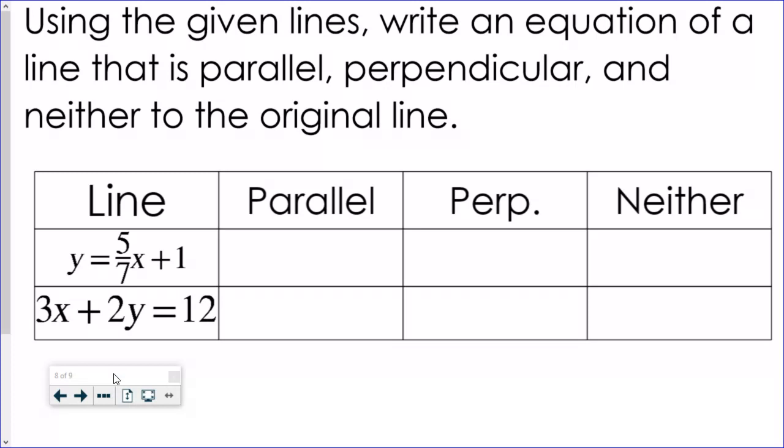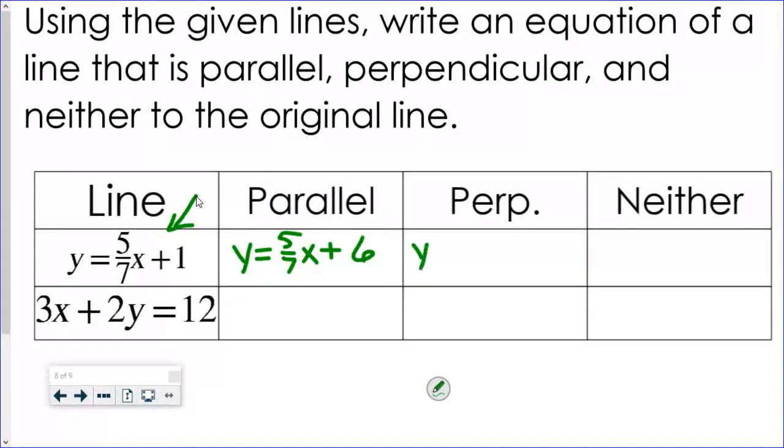It says using the given lines, write an equation. Okay, so if I want to write an equation that is parallel to this line, I use the same slope, I just have to use a different y-intercept. Doesn't matter what it is, it can't be 1.